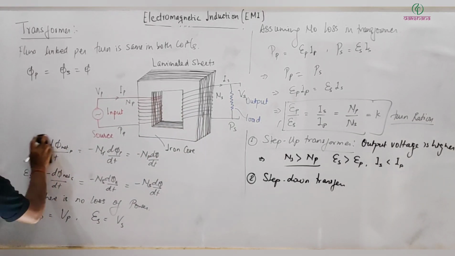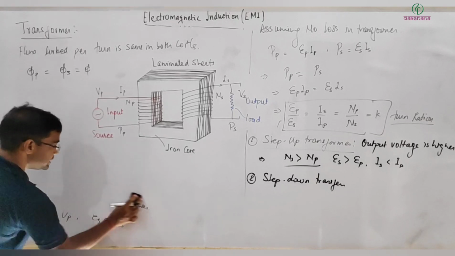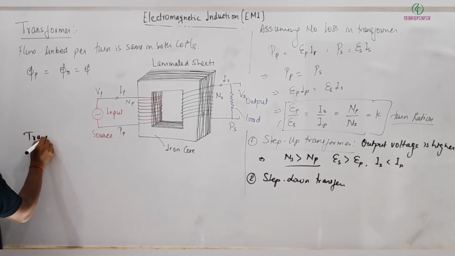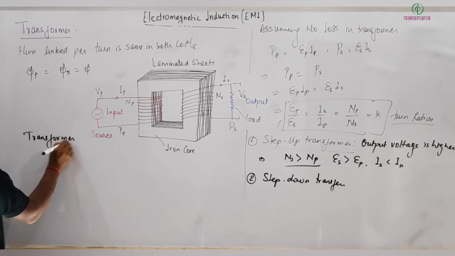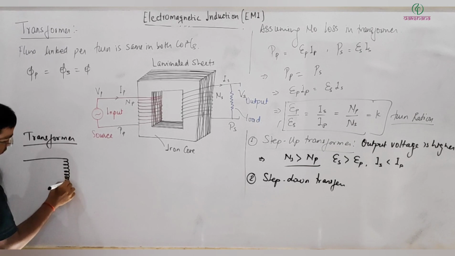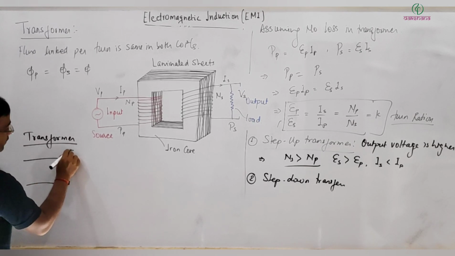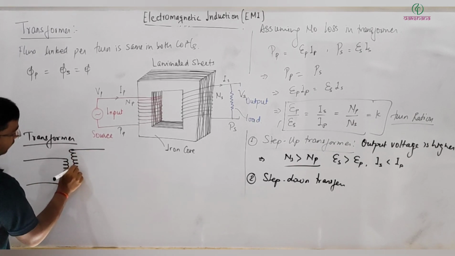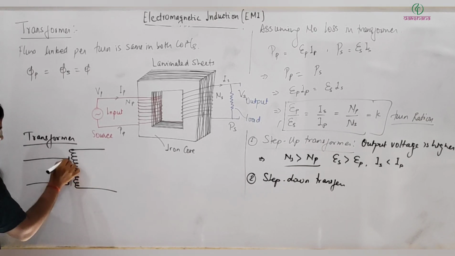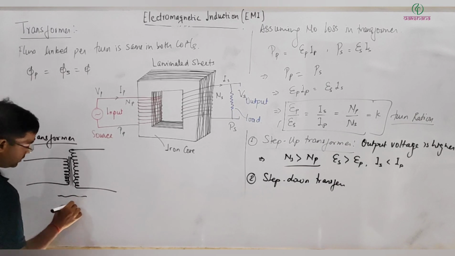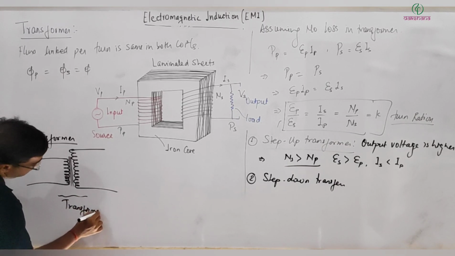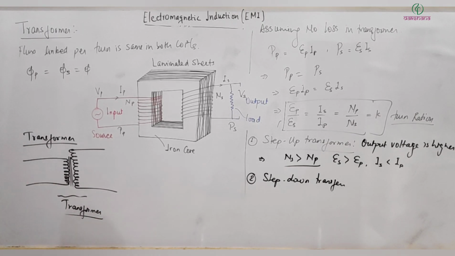So how we draw it: this is the primary coil and here the secondary. Sometimes even this is called a transformer. That is how we draw a transformer.